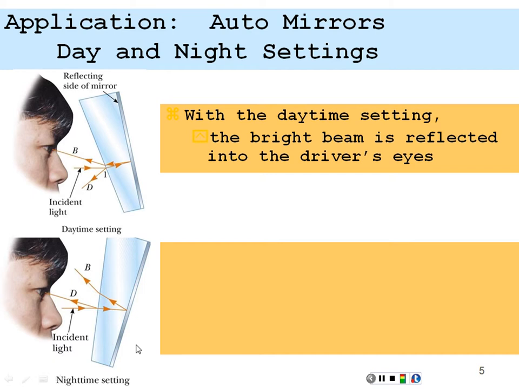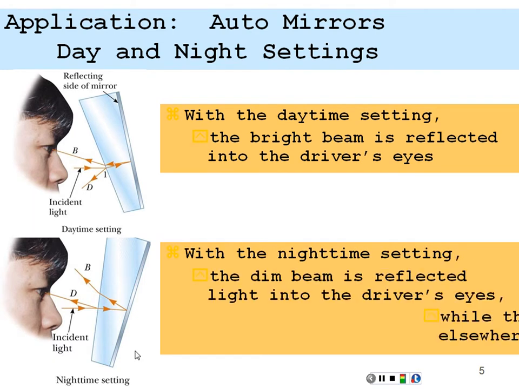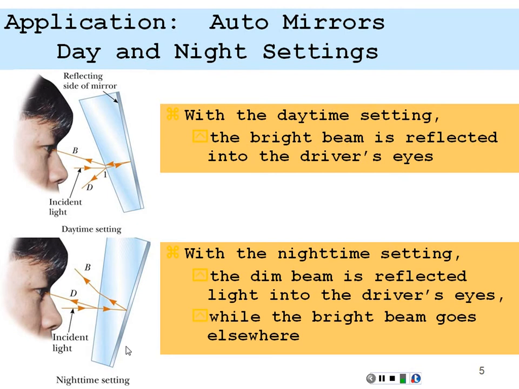That's a much dimmer reflection, but it's enough for you to see who's behind you. Because the mirror is turned, the full-fledged reflection misses your eyes, but you get the weaker reflection, which allows you to see the person behind you at nighttime.